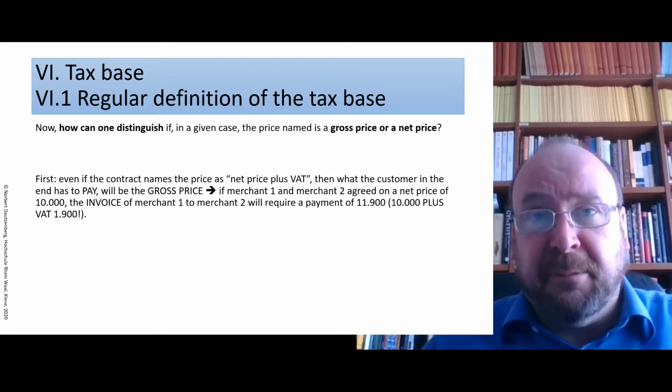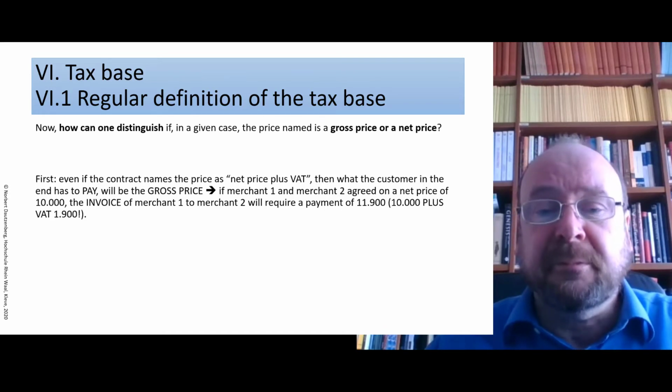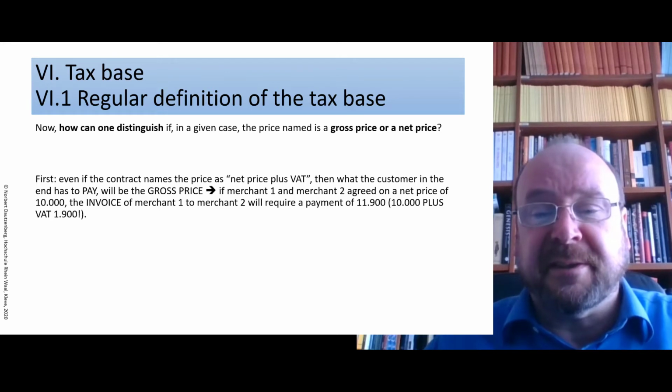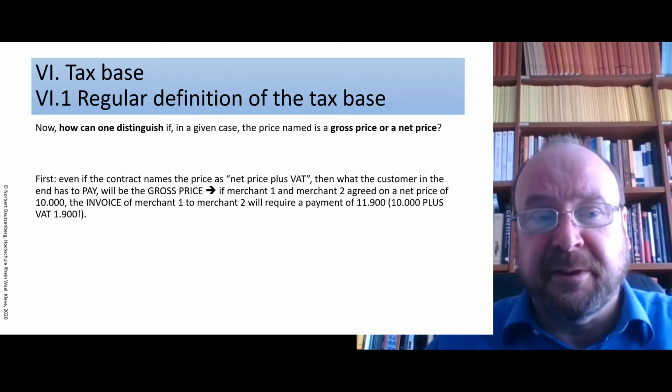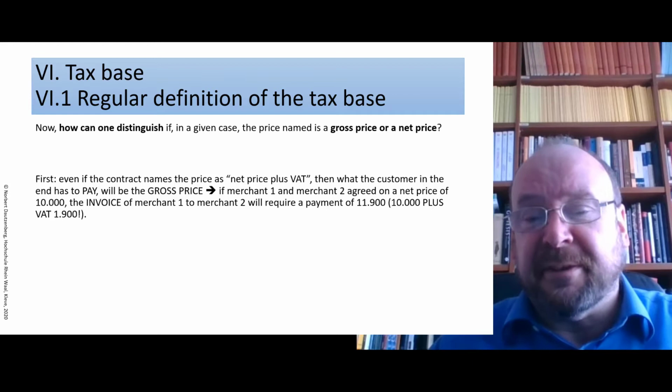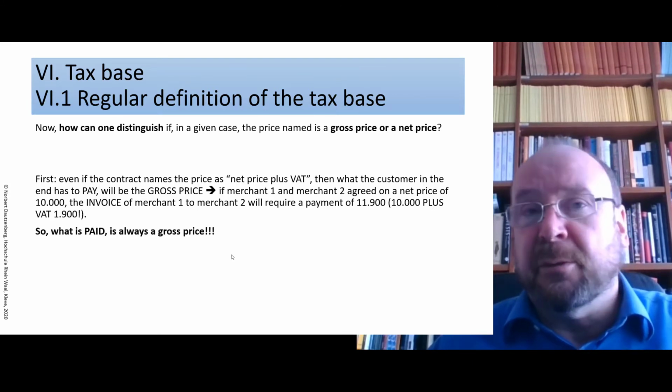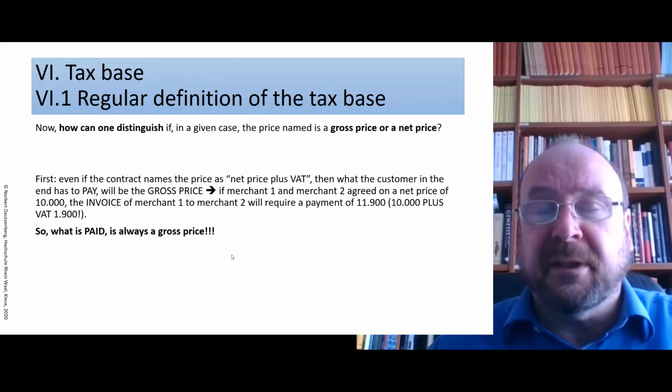So the payment in the end will be the gross price. If merchant 1 and merchant 2 agree under civil law on a net price condition, the invoice nevertheless will require a payment of 11,900. So what is paid will be a gross price.